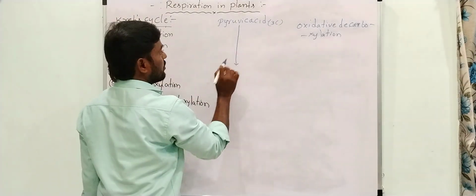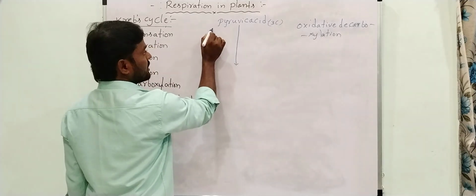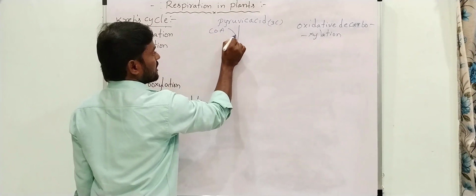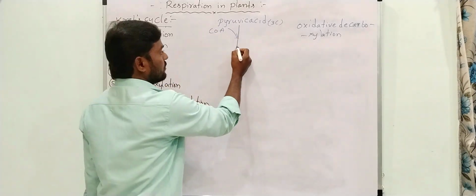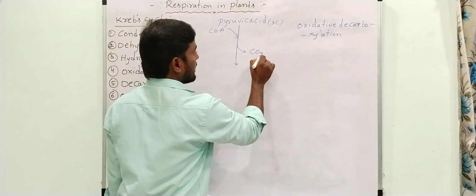In this oxidative decarboxylation reaction, one coenzyme A is added, and one carbon is given out in the form of carbon dioxide.